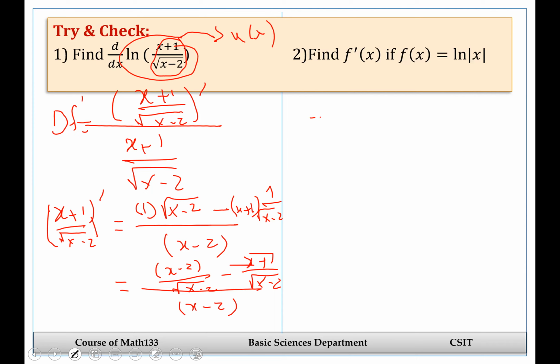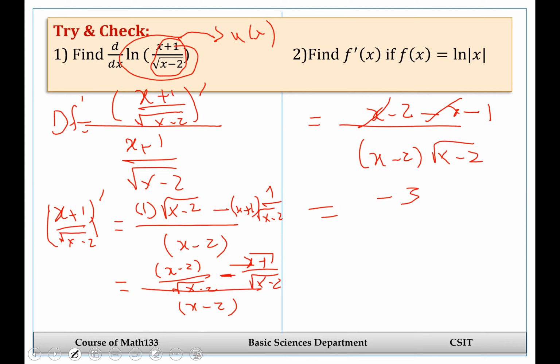That will give, in fact, I will put the denominator in the principal denominator, so root x minus 2 here. And I will have x minus 2 minus x minus 1, because there is a minus in front of everything. And the x will cancel, and I will have minus 3 over x minus 2 times root x minus 2.